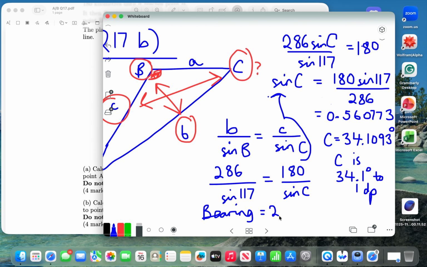So that is 270 degrees take away 34.1 is 235.9 degrees. And that's us finished.